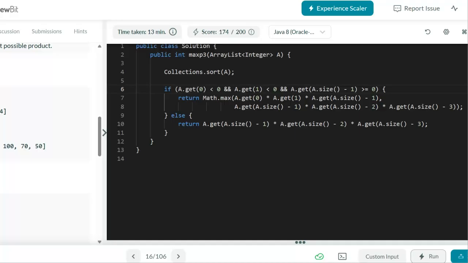Now, it could give us 0, it could give us a negative number, but it's going to give us the smallest possible negative number, which would actually be the highest product. So we have to give up on our hopes of multiplying two large negative numbers at the start of the list with a positive number or 0 at the end of the list. So that's it. And we can go ahead and give this a try.